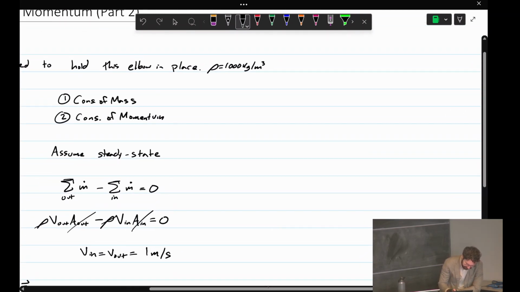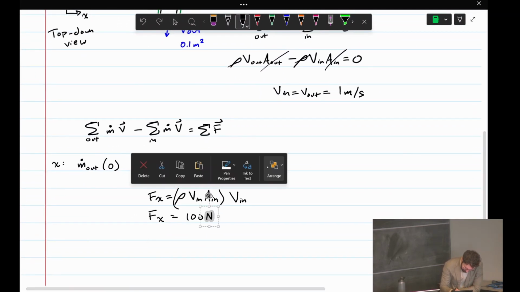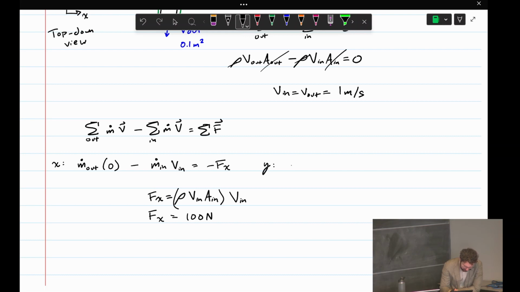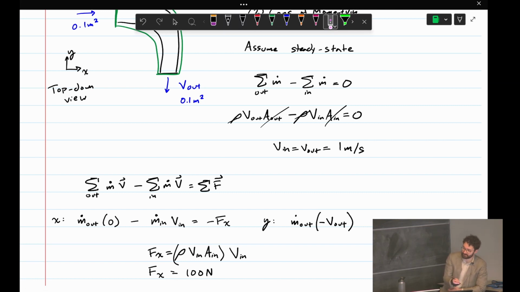The y, well, y is going to be m dot out times negative v out. That negative is probably the most common source of error in these problems, so that's why I'm emphasizing it so much.